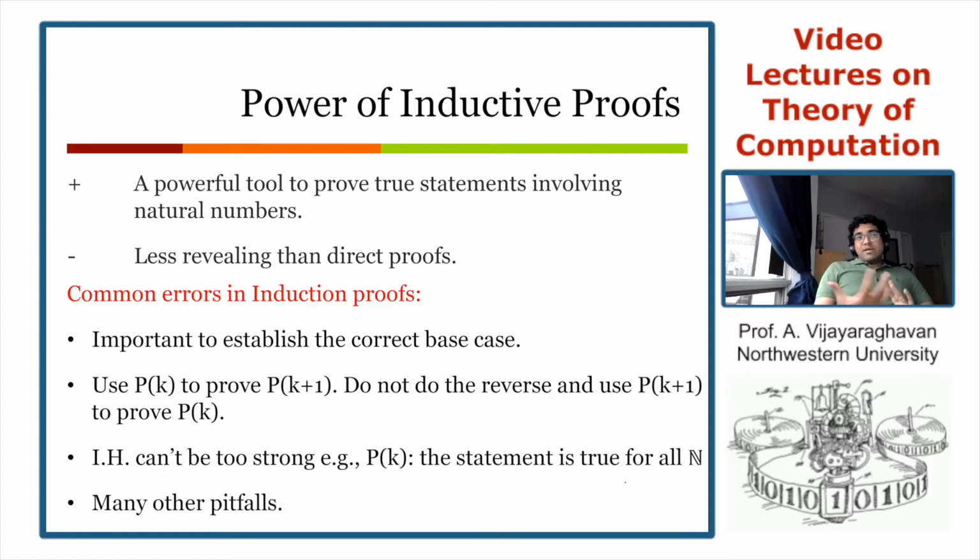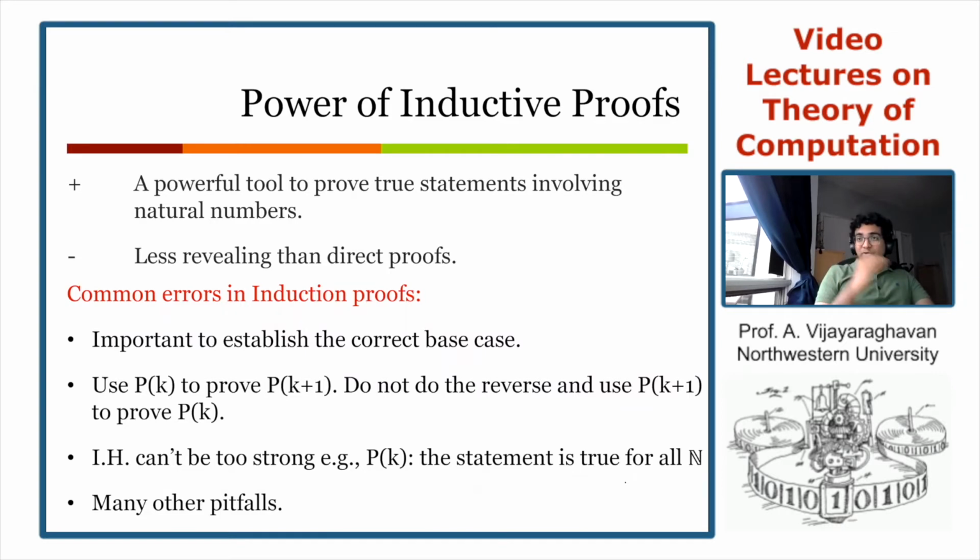And with all this power, you also have a lot of pitfalls. It's quite easy to supposedly prove incorrect statements by making some common errors in induction proofs. So, for instance, perhaps the most important one is to establish the correct base case.